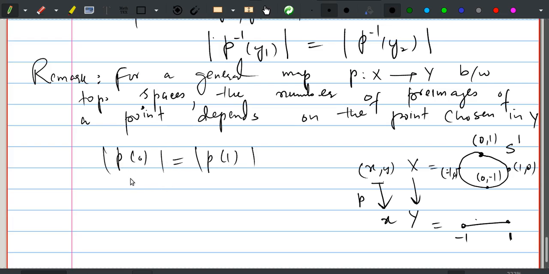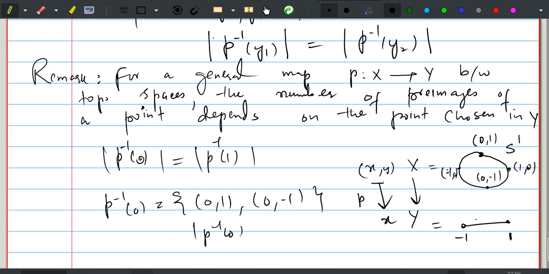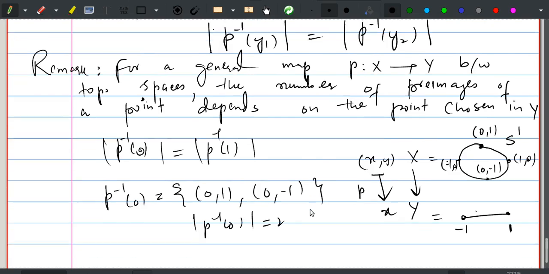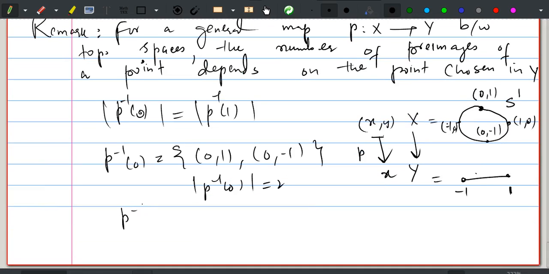But one can see over here the inverse image of 0 is the set (0, 1) and (0, -1). So its size is 2. However, the inverse image of 1: these two points are mapped to 0, this point is mapped to 1, this point is mapped to -1.